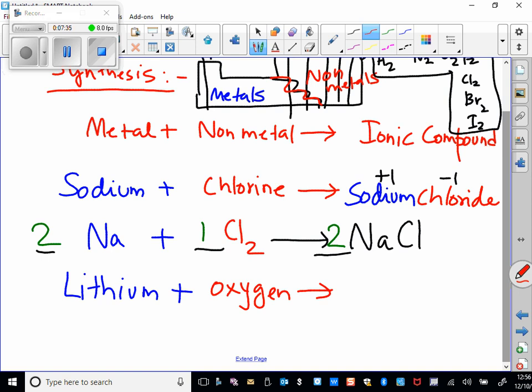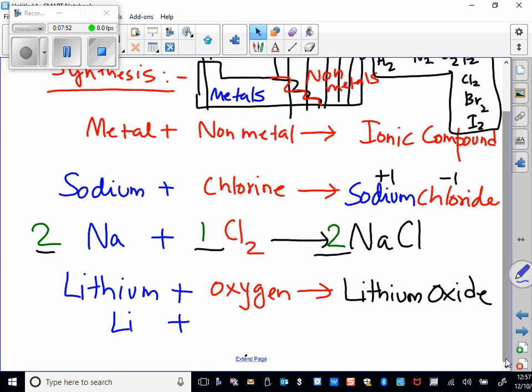What will be called the product? Lithium oxide. We will call the product lithium oxide. How will I write lithium? Li. How will I write oxygen? O2.